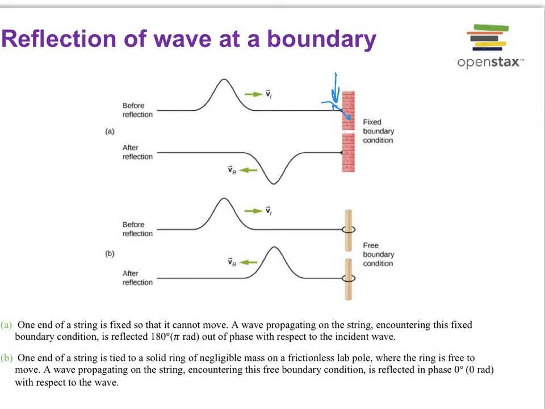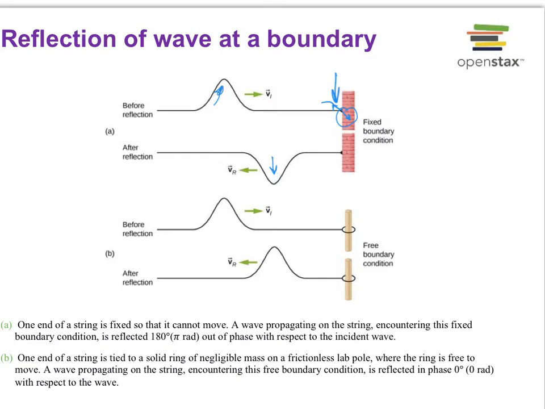And so that's why the pulse here, where the pulse is pointed up, because of this reactive force at the boundary, when it hits that boundary, it actually gets inverted. So a fixed boundary is going to create an inversion on reflection.